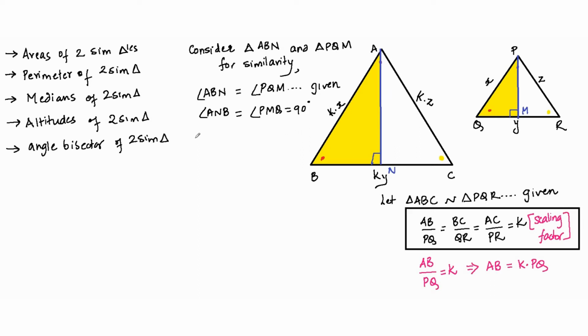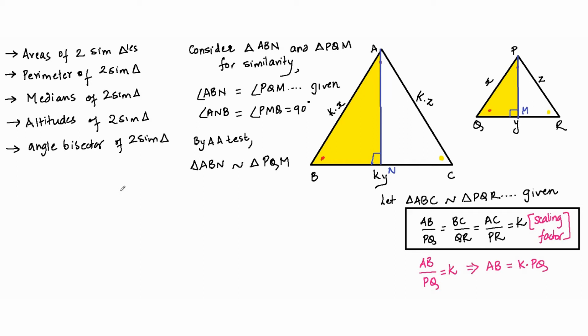So by the AA test, triangle ABN is similar to triangle. Now B corresponds to Q, B is the second letter, so Q is also the second letter. N is 90 degrees, here M is 90 degrees. So those two vertices will correspond and the third vertex is going to be P by the AA test.